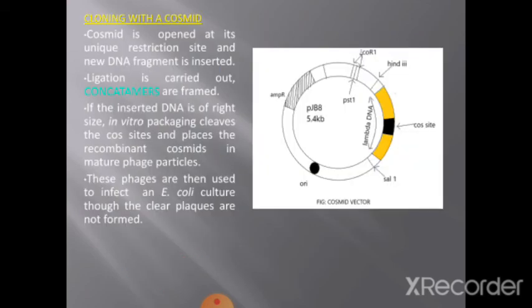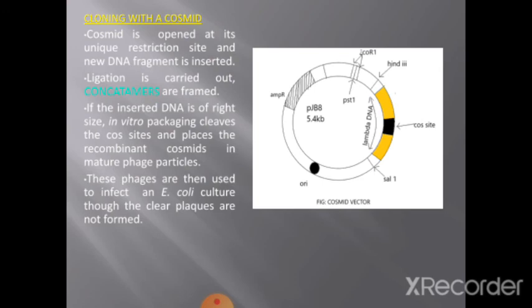Then, here I have shown you the structure of a cosmid. Right. So, this cosmid vector is known as pJB8. It has 5.4 kb length, and you can see here one ampicillin resistance gene, and most important is the cos site, right?